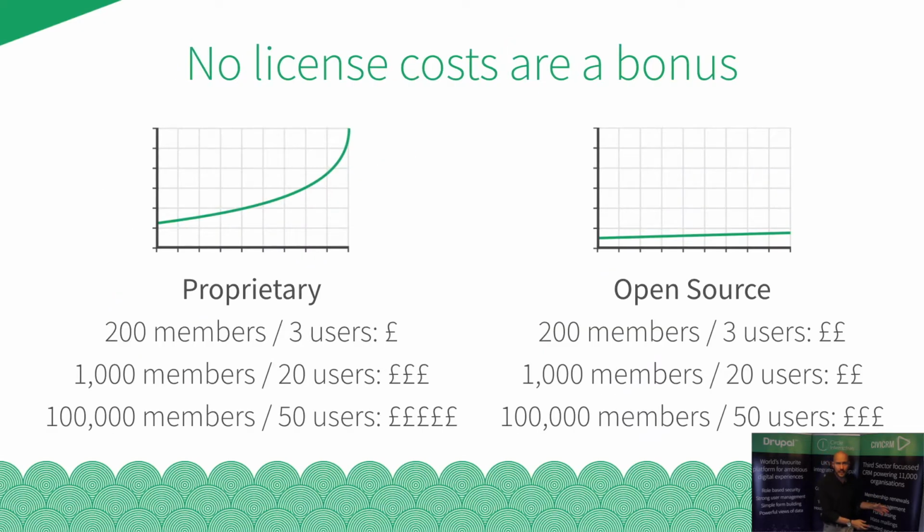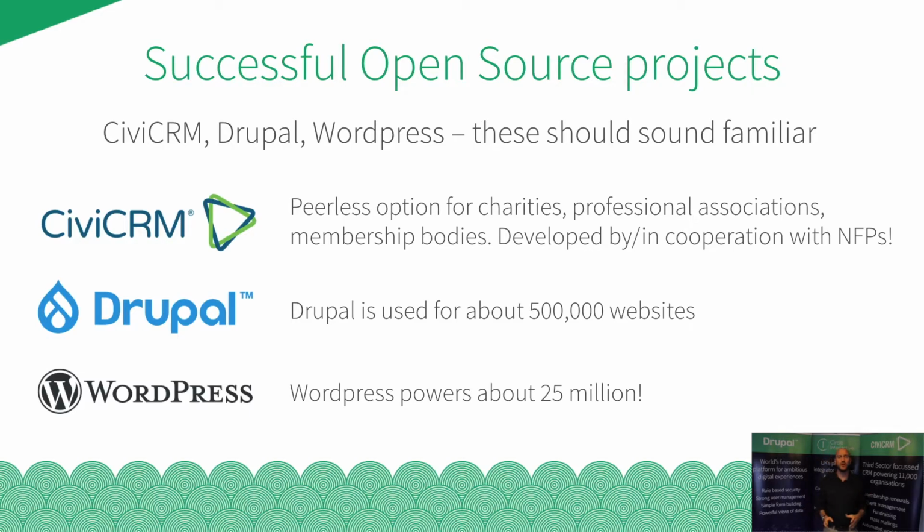Like I said, the license costs can be a benefit on proprietary software if you have just a low number of users and members, and then you go up that scale. Like you see on this graphic, the numbers can hike massively. Whereas on open source, you can grow as much as you can and want, and you will only see an incremental cost increase.